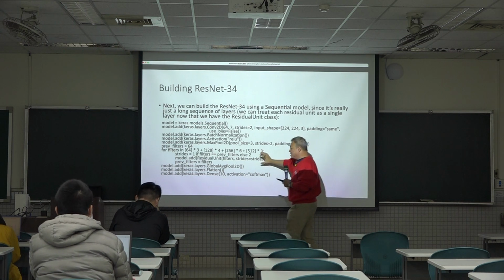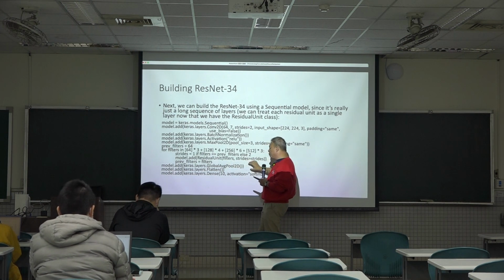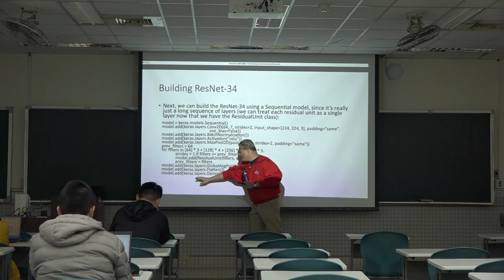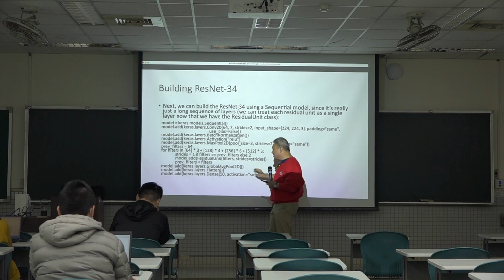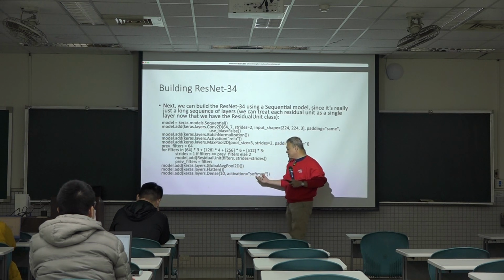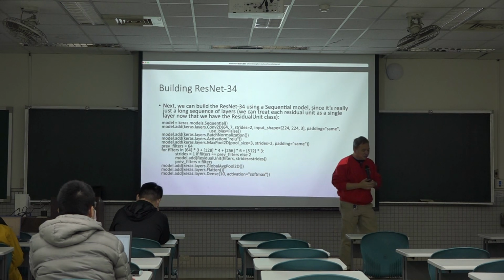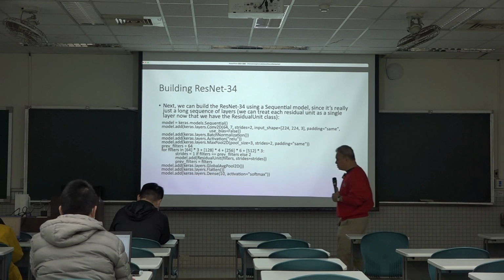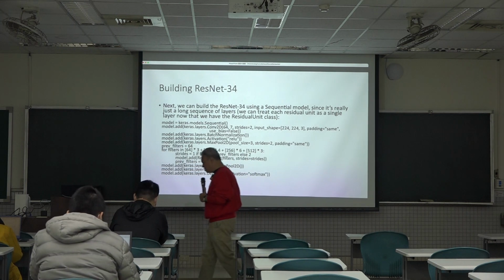So after that, we have to go through the global average pooling, flatten the result, and then add a dense layer with softmax activation, and we are done. So you can see it's very, very simple to create a ResNet 34 from scratch.